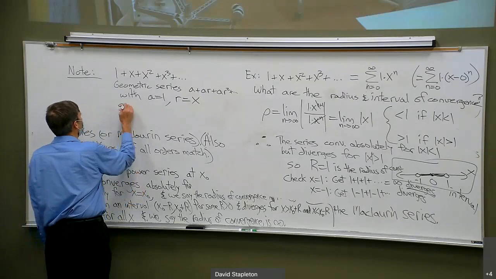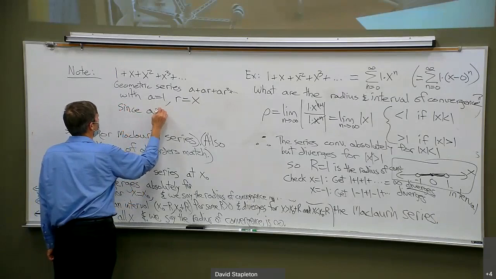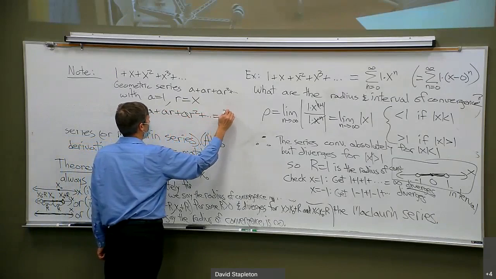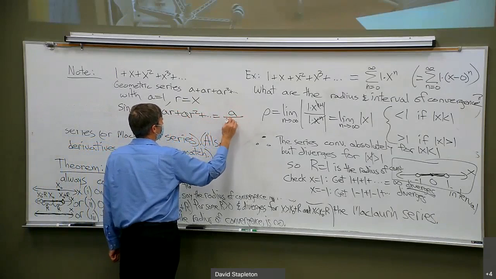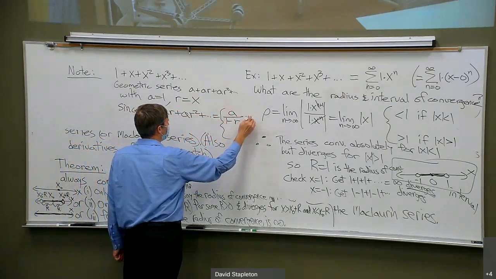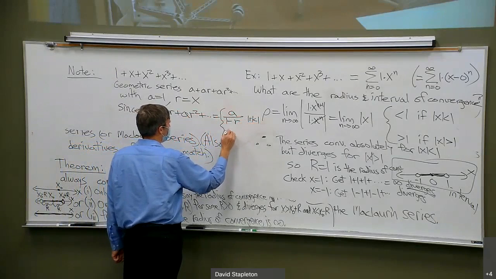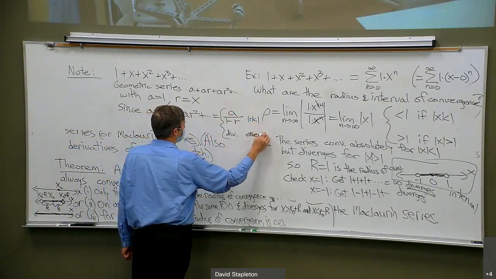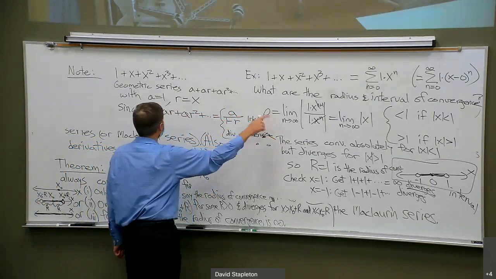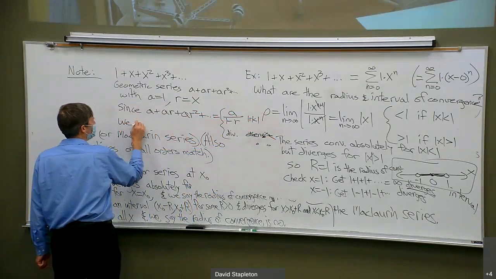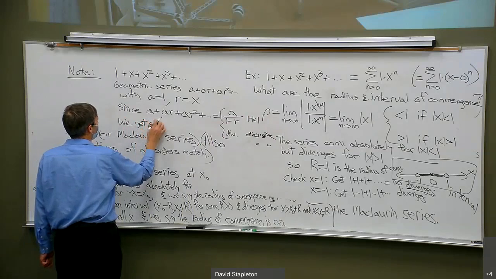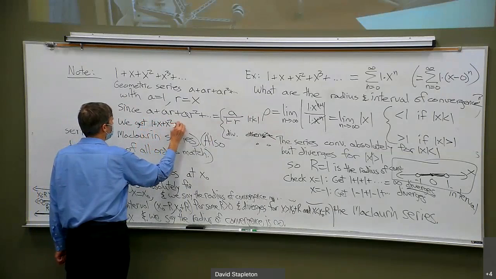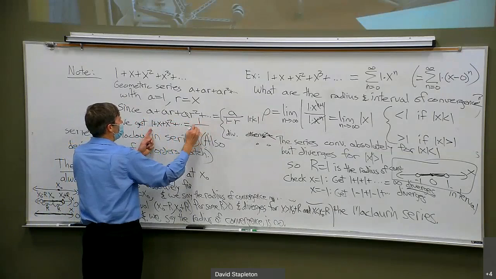Because we know the sum of the geometric series, a plus ar plus ar squared and on forever, adds up to a over 1 minus r when absolute value of r is less than 1, and it diverges otherwise on the interval of convergence, absolute value of x less than 1. 1 plus x plus x squared plus so on and so forth is a over 1 minus r.